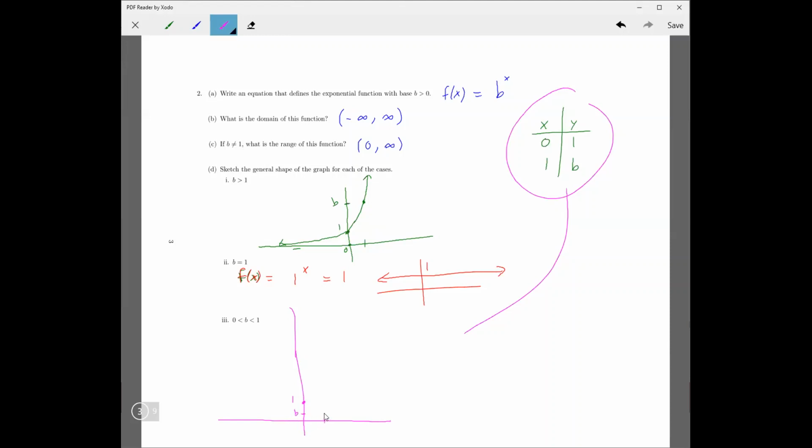And so then you're going to go through that point, so that point and that point, and instead of going up, it's going to go down. It's just going to go down faster. It gets close to this down here pretty quickly, by the way.